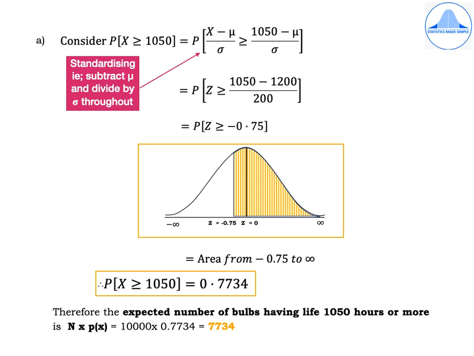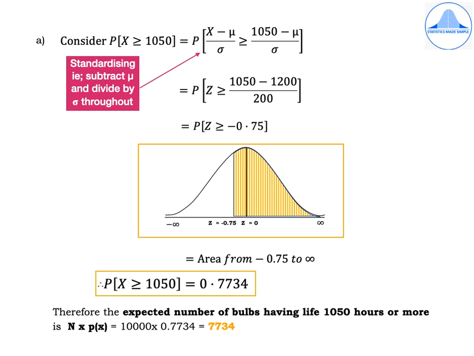You have to shade to the right of the value minus 0.75. So in other words, I have shaded in yellow color from minus 0.75 to infinity. And whatever you have shaded, that you have to write in words. So it will be equal to area from minus 0.75 to infinity.